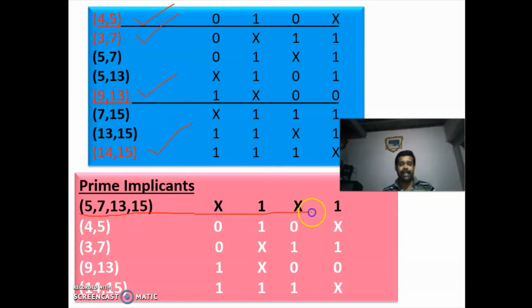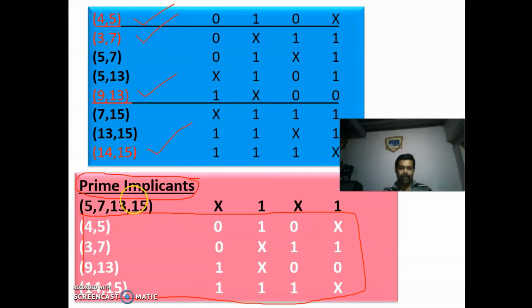After that, initially we will be having only these prime implicants, that is 4 5, 3 7, 5 7, 5 13, 9 13, 7 15, 13 15, 14 15 and 5 7 13 15. So the prime implicant after completing step 4 is 5 7 13 15.